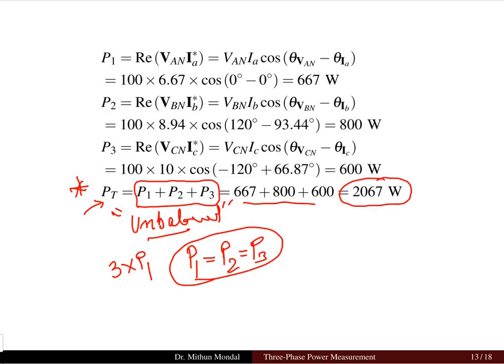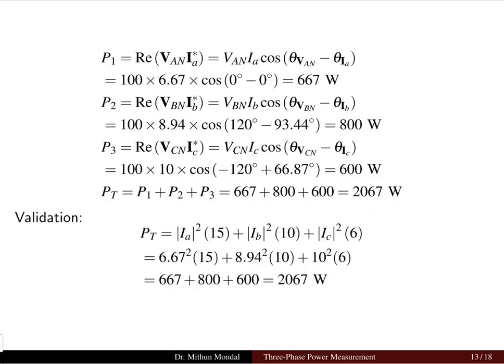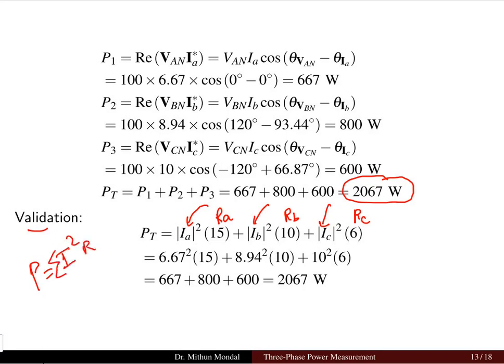Now we can easily validate that this power, whatever we have estimated, is correct, because the currents IA, IB and IC are given to us, and the corresponding resistance of phase A, phase B and phase C are known to us. And we know that the real power P is nothing but I square R. So we are putting a summation over all the three phases.